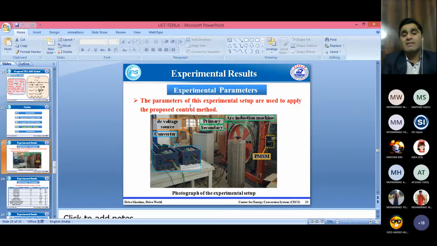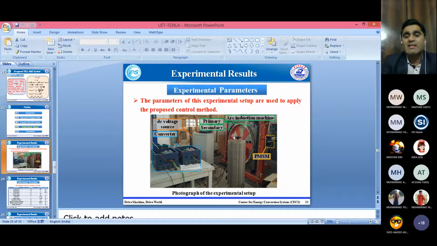The parameters of this experimental setup are used to apply the proposed control method. For example, there is a DC source because the inverter needs DC. In the DC source there is a rectifier which gives a DC link voltage, and there is an inverter which converts this DC voltage into AC voltage, which is given to this machine using a microprocessor control.